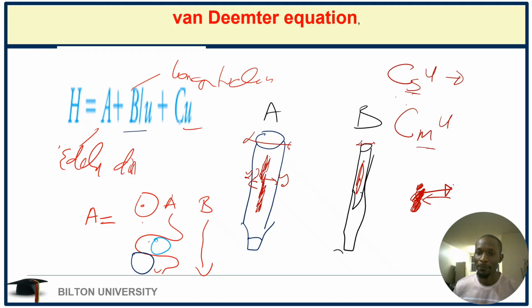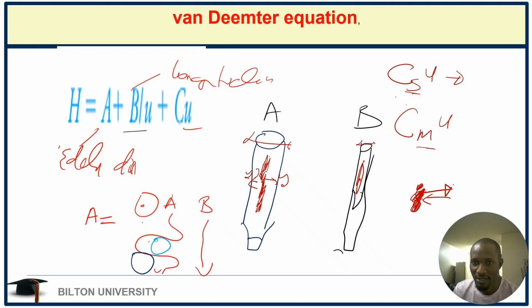Through that, we are going to create zone broadening, and it's going to be more retained, and we may not have proper separation, and we are going to have low column efficiency. So a higher mass transfer term in and out of the stationary phase can affect column resolution.